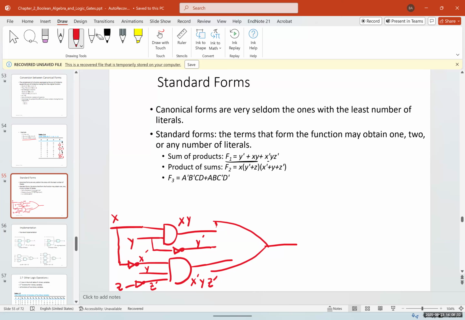So we can implement these using logic gates, like the AND, OR, and NOT gates, and this would be equal to F1. And we could do that to the other functions as well. I want you to go ahead and practice it on this one. F2 is equal to X, Y prime plus Z, X prime, Y, X prime plus Y plus Z prime. I want you to implement this using logic gates.